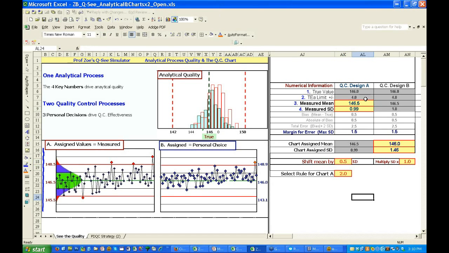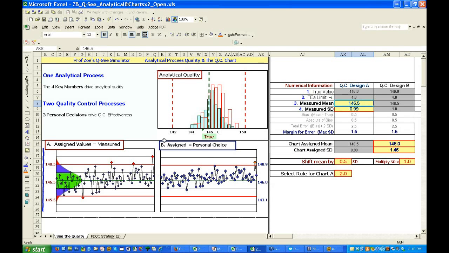I didn't say what it was afterwards. All right, I shifted the mean up half an SD, so it would go from 146 to 147. So that was the change that Rick said. He'd done something to the machine. It went from 146.5 to 147.